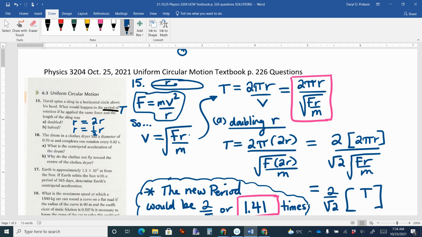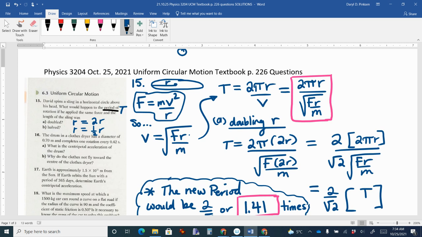When we rearrange that, we get the speed is the square root of F times R divided by M. The period then is 2 pi R divided by V. Now we already have an expression for V, so we can bring that over here, and so the period is going to be 2 pi R over the square root of FR over M. So now we've got a general equation for the period.